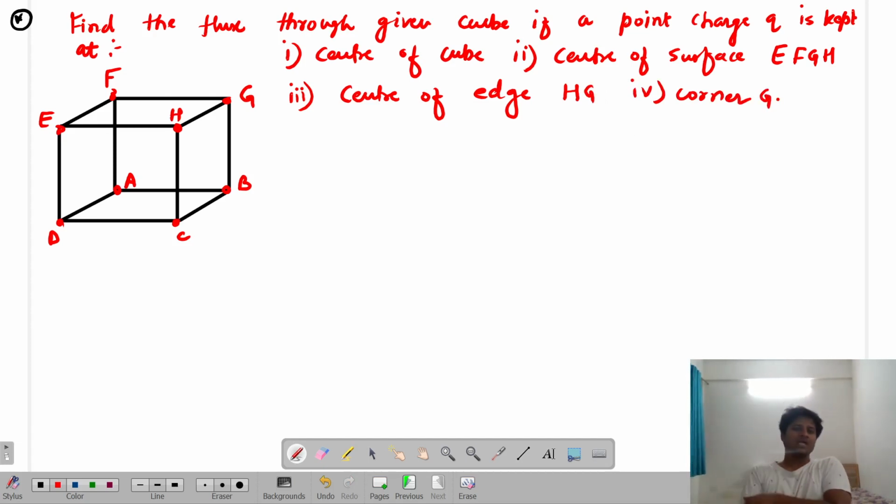Tell me. Find the flux through the given cube if a point charge is kept at four different places. So you will get four different answers.